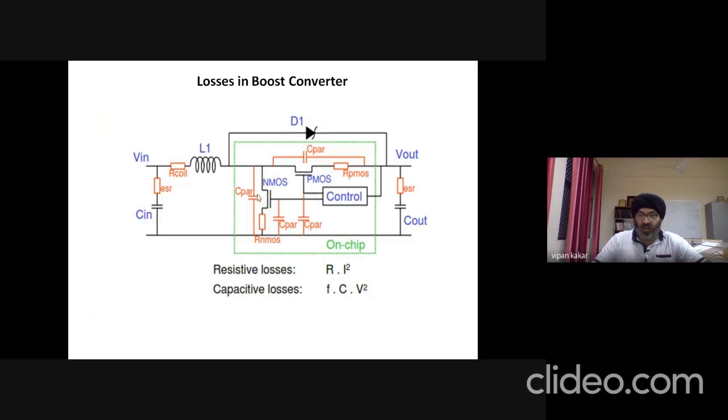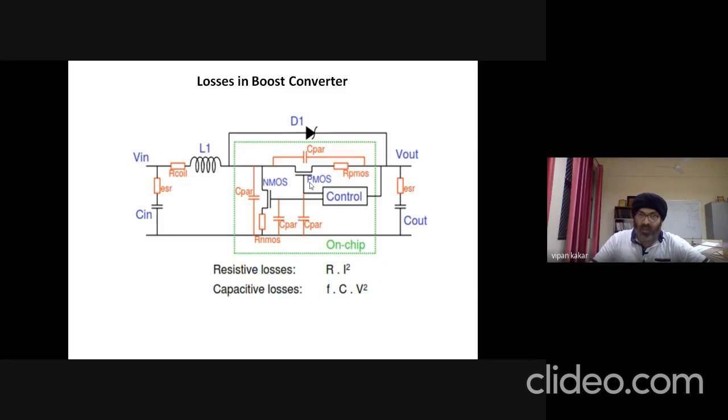Same here, NMOS and PMOS have their own parasitic capacitors, and in previous circuits we assumed these to be zero. At the same time, NMOS and PMOS have their internal resistances, R PMOS and R NMOS, and parasitic capacitances, and so on.